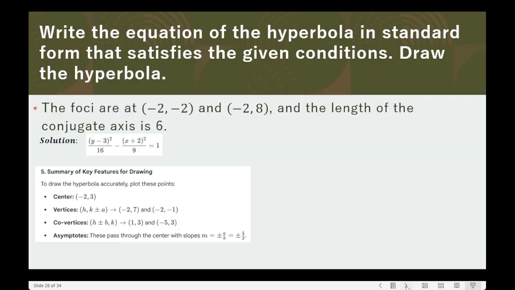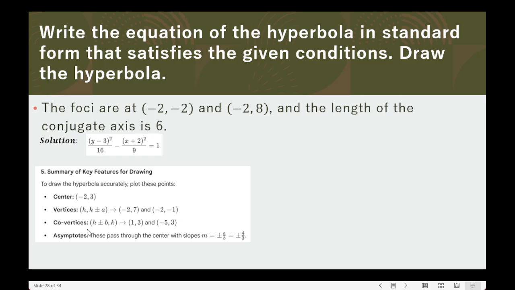Then, let us consider the summary of the key features for sketching the graph of this hyperbola. To draw the hyperbola accurately, we plot the following points: the coordinates of the center together with the coordinates of the vertices, which are -2, 7 and -2, -1.